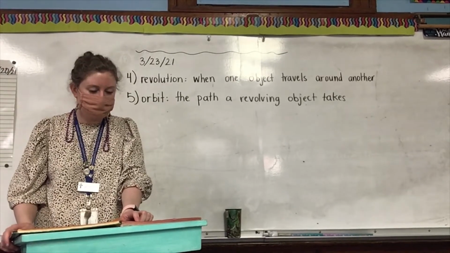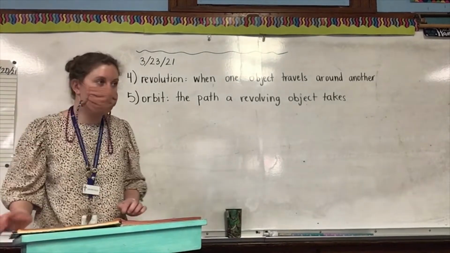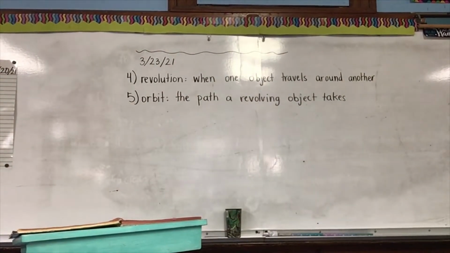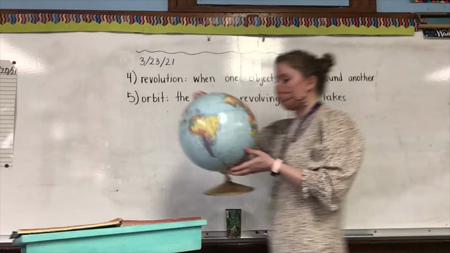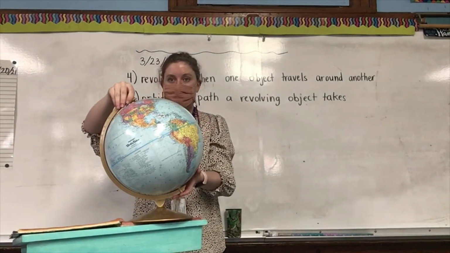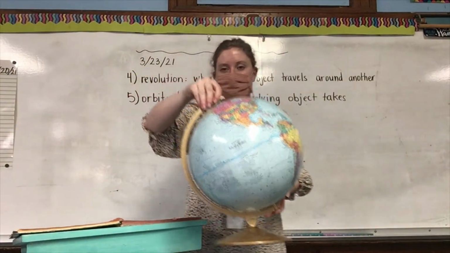The tilted axis points in the same direction throughout Earth's orbit. That means as the Earth is orbiting, let me get the globe. As the Earth is orbiting, this tilt stays the same way.